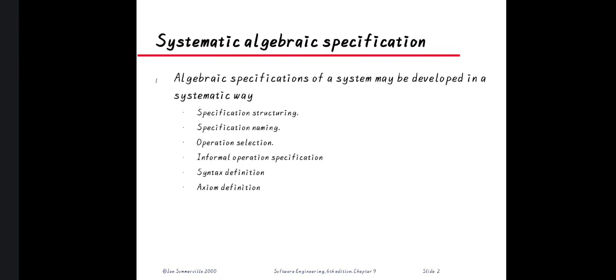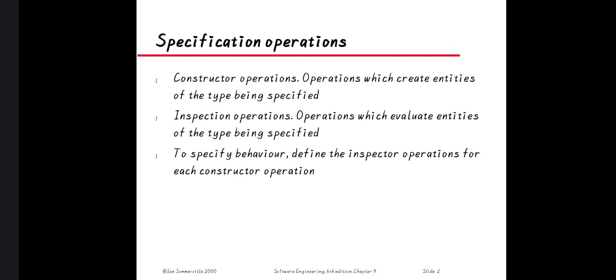Next one is systematic algebraic specification. Algebraic specifications of a system may be developed in a systematic way: specification structuring, specification naming, operation selection, informal operation specification, syntax definition, axiom definition. Next one is specification operations.